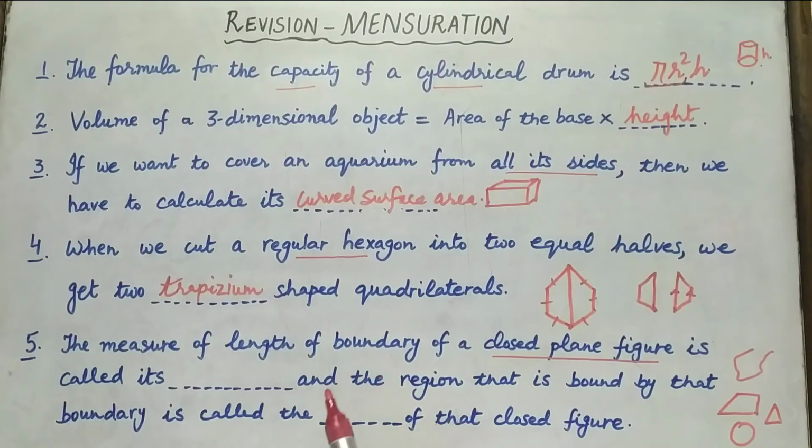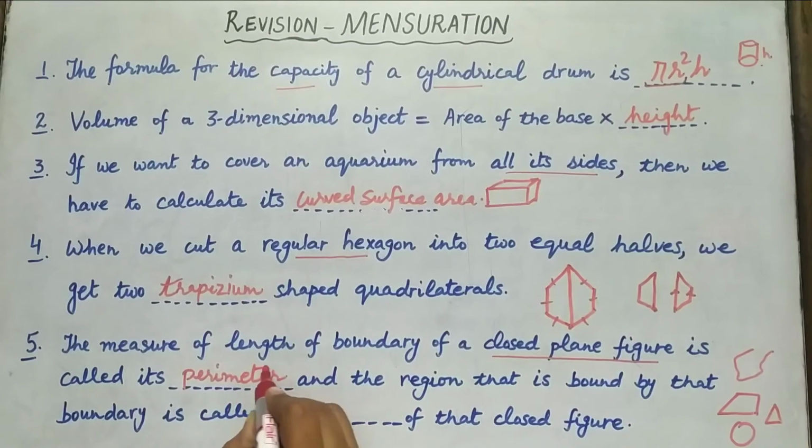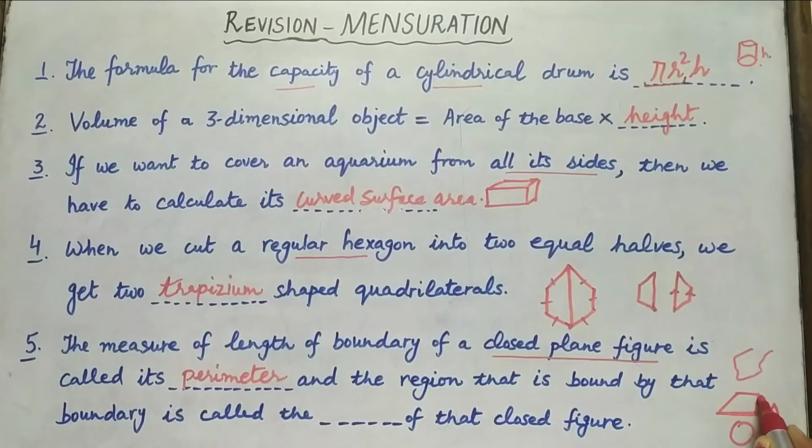The length of its boundary, its measure is called, yes, correct, the perimeter. We are moving along the boundary of that figure, so it is called the perimeter.